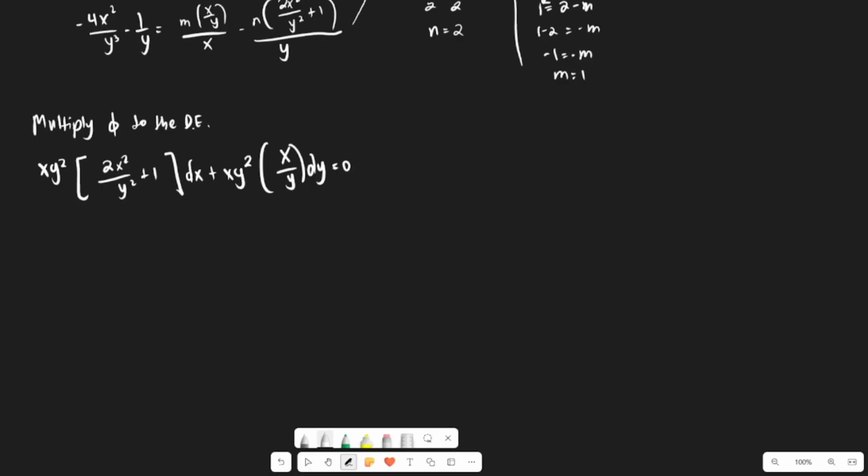So we simplify. In this part, the y squared cancels out, so we'll have 2x.